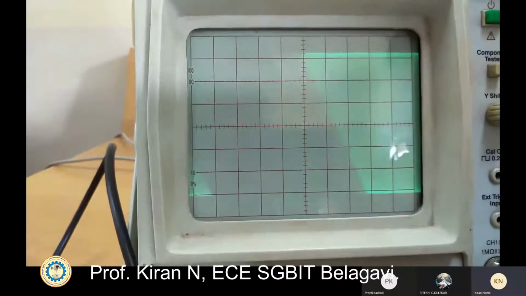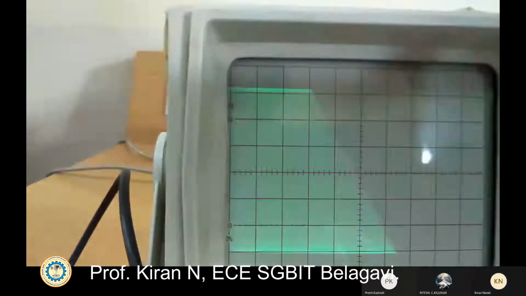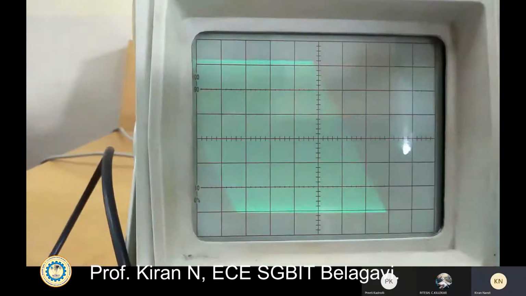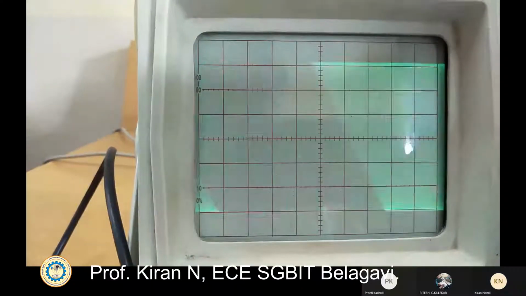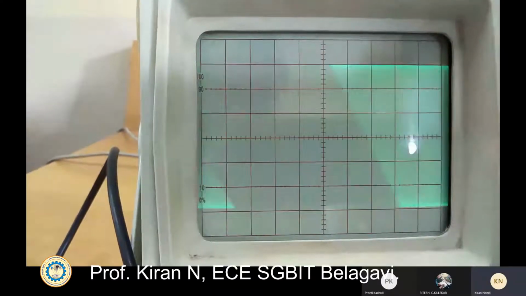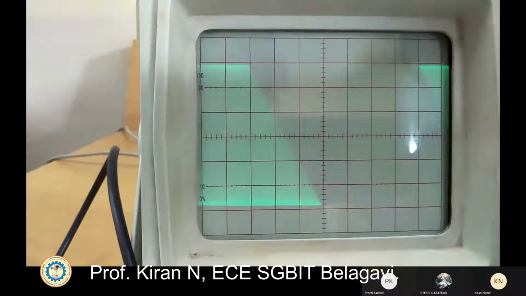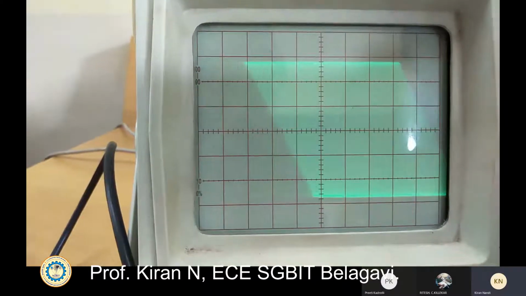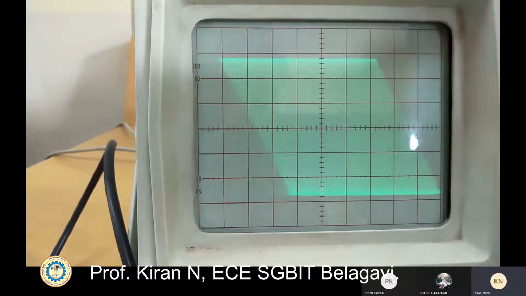Yes, it is 3 now. Yes, you can see here now it is gradually decreasing. Means up to 5 kilohertz, it is almost constant.